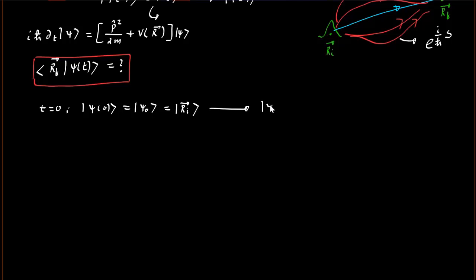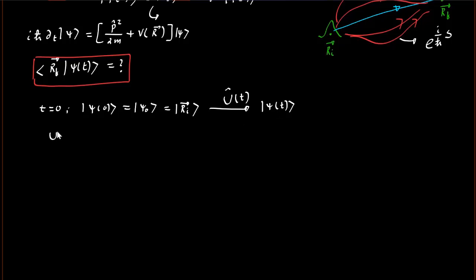So the state vector at time t, we want to find out the nature of this state. Okay, to find this state, what we do is we operate the evolution operator, and this evolution operator is actually a function of time. When we operate this evolution operator on this initial state, then we will get its final state.